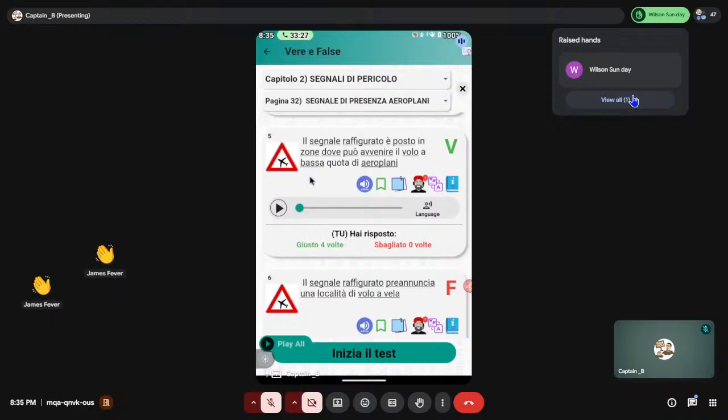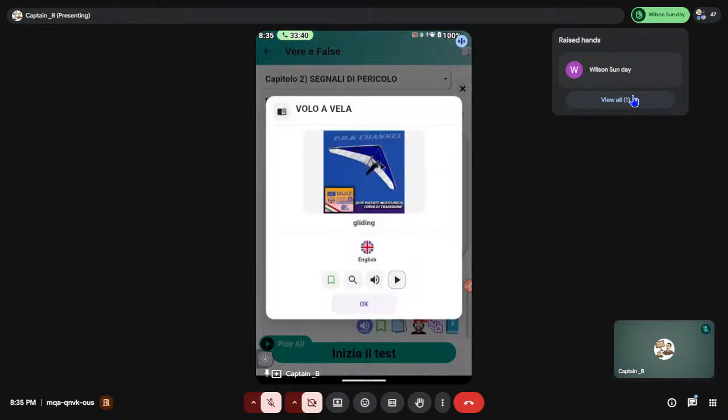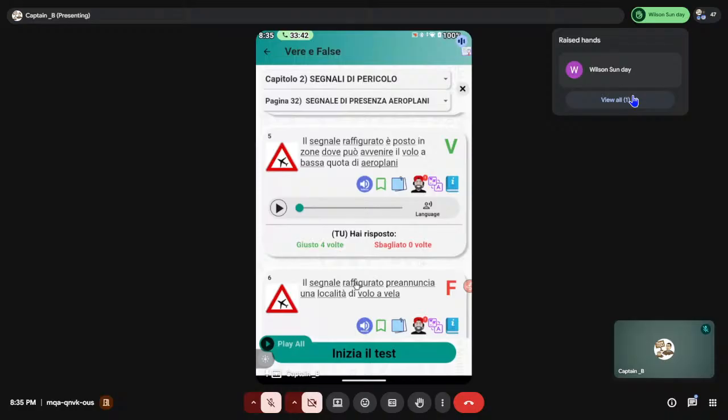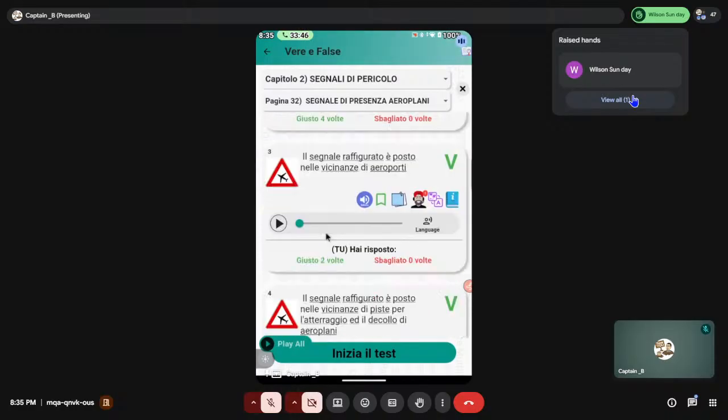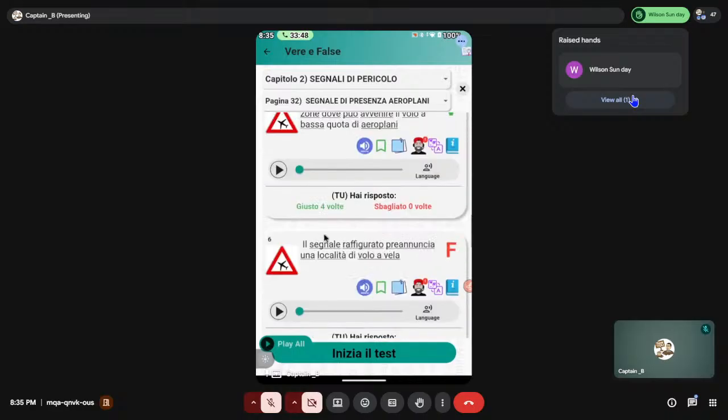The bad one, when you are playing it, it's either figurato, or preannuncia una località di volo a vela. Volo a vela is talking about kites. You'll be wondering, I never talked about località in all the vero I just finished saying, right? But the FASO has località.